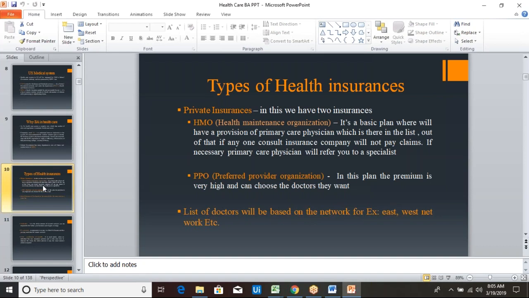So these are the two major health insurances in the US: HMO, the Health Maintenance Organization, a basic plan, and PPO, the Preferred Provider Organization, a premium plan, which focuses more on the doctors you are planning to visit.